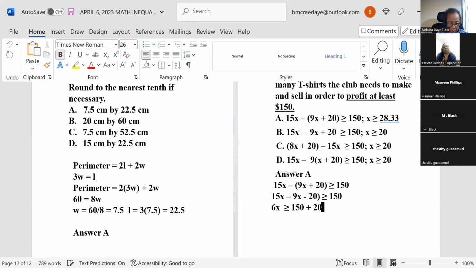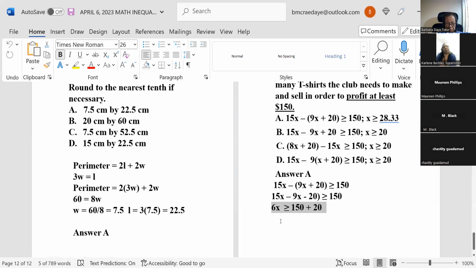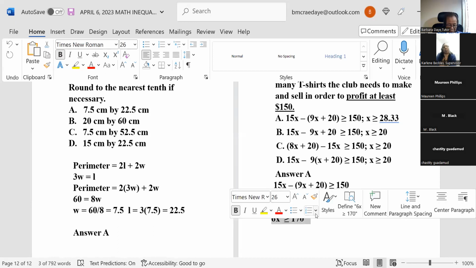So divide 6 into 170, Mercedes. What do you get? Six into 170. I get 20. Oh wow, that's what you get, right? What you did now was add the 20 to the 50 first.